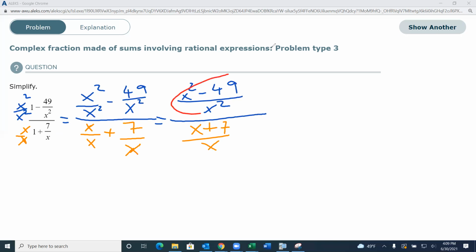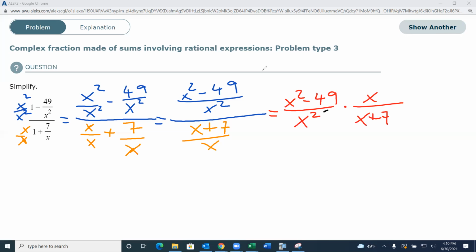Now we have a single fraction over a single fraction. So we can take the top fraction and multiply it by the reciprocal of the bottom fraction. Okay, so I am able to cancel 1x right there.